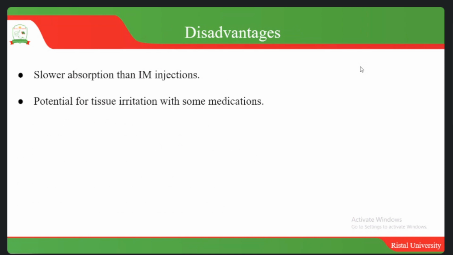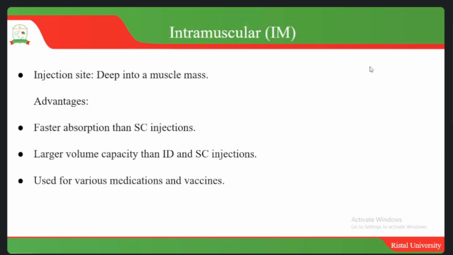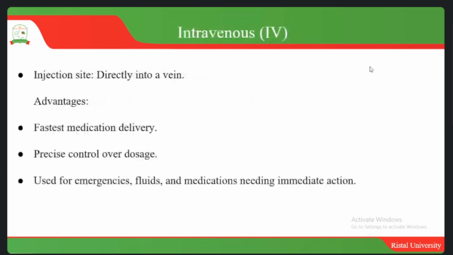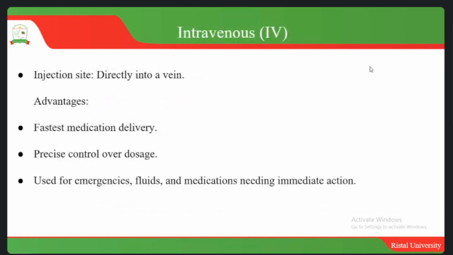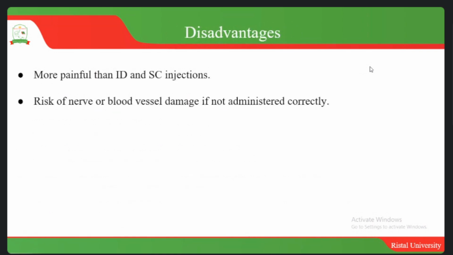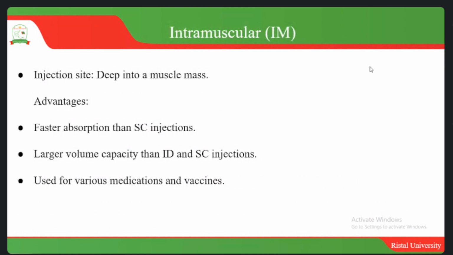Also, it has a potential for tissue irritation with some medications, whereby some people end up having an abscess in their skin or in the tissues, which can cause more problems. I can give the example of abscess and so forth because of intramuscular injections.